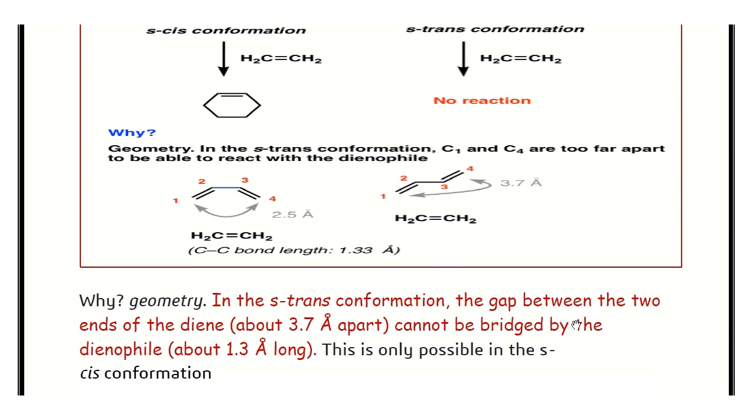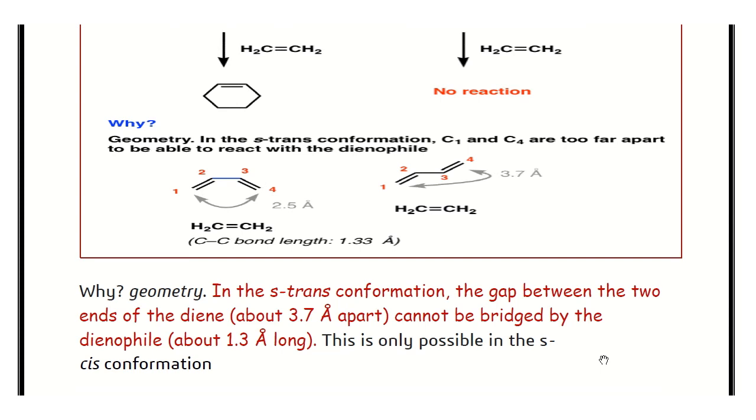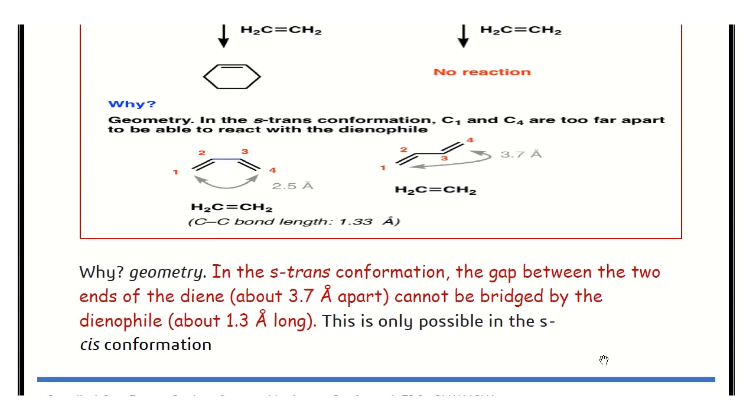So that's why molecules in the S-trans conformation cannot be bridged by the dienophile, means they are not going to easily undergo the reaction with the dienophile, and they do not result in the cyclohexene product, that is the product of the Diels-Alder reaction. So we have observed that for the molecule to undergo the Diels-Alder reaction, our diene must be in the S-cis conformation.